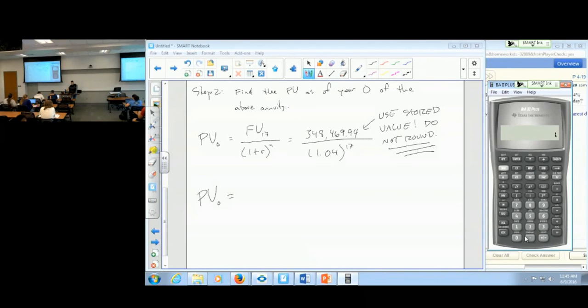Divided by 1.04, y to the x, 17, equals $178,895 and roughly 15 cents.